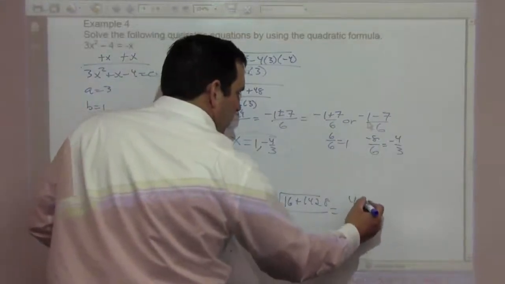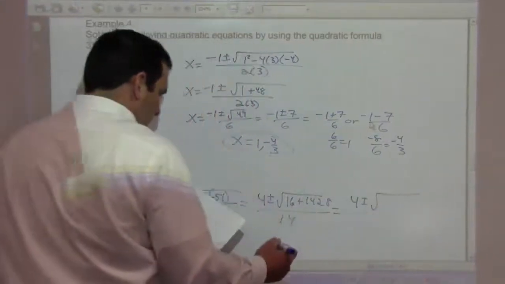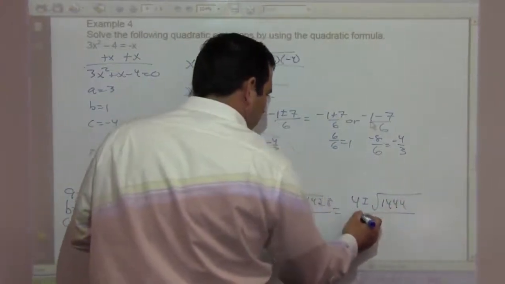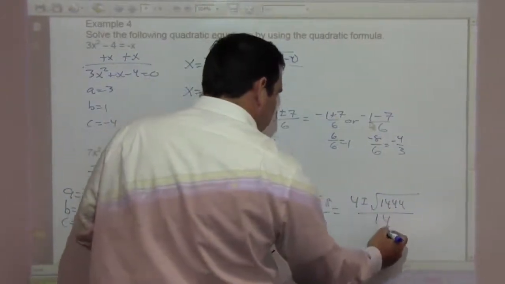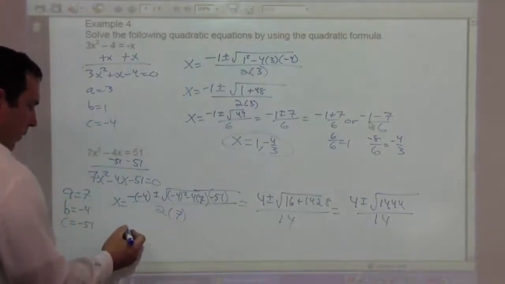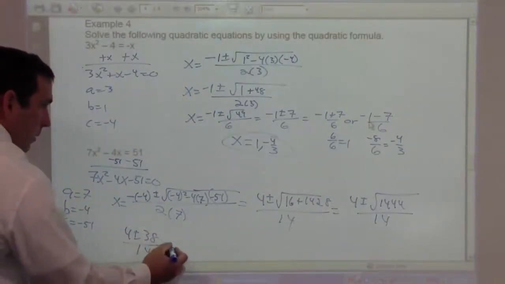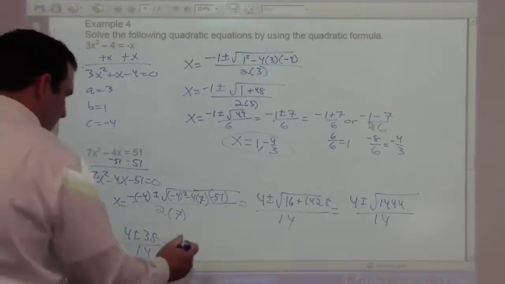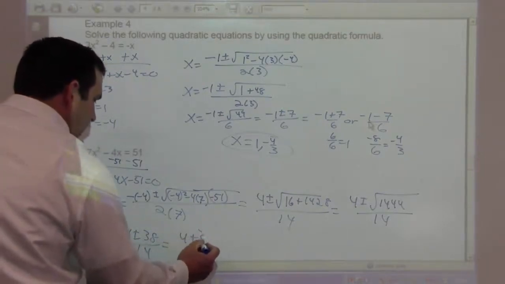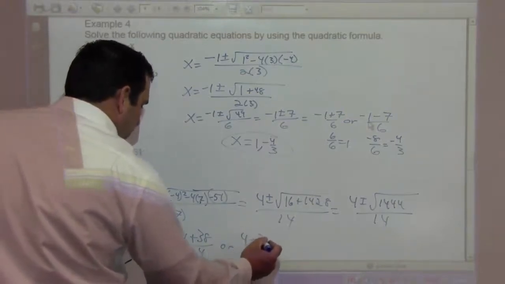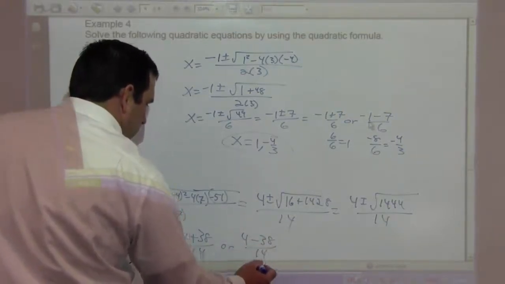And it's 4 plus or minus the square root of 1444 over 14. Now, the square root of 1444, luckily, is 38. So that's going to be 4 plus 38 over 14, or 4 minus 38 over 14.